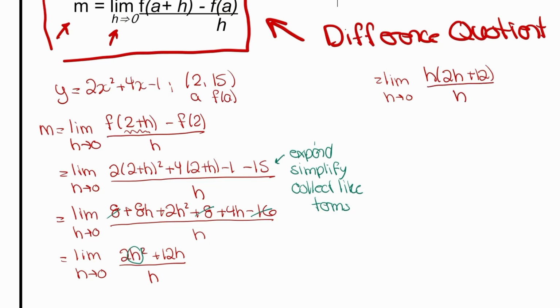This is what we needed to have happen because we need to eliminate that h. Now I'm going to substitute my 0 into my equation anywhere there's an h, and that is going to give me the slope of 12, which we already knew.